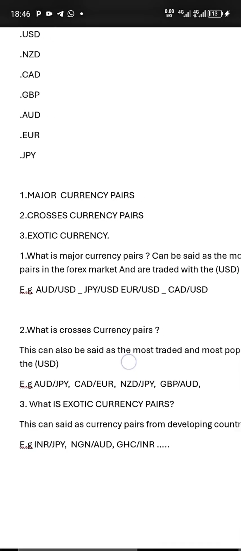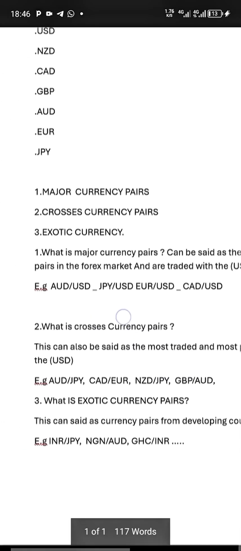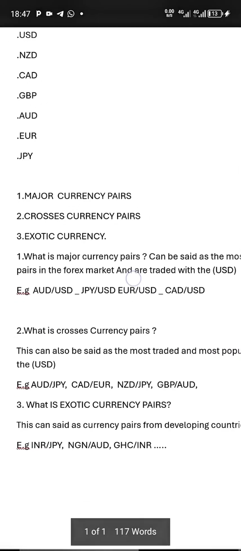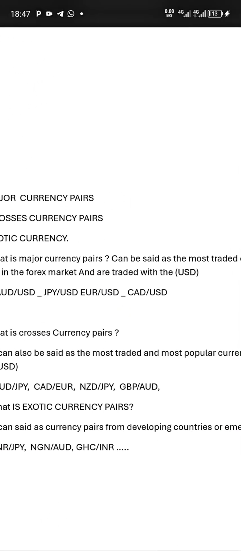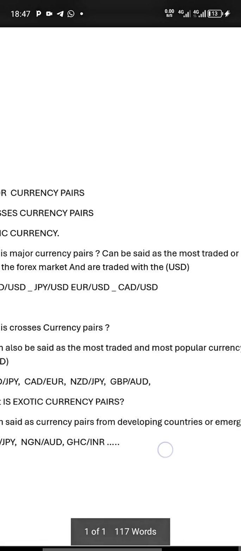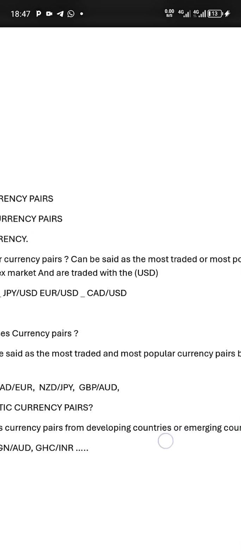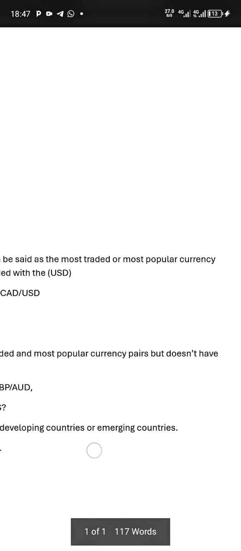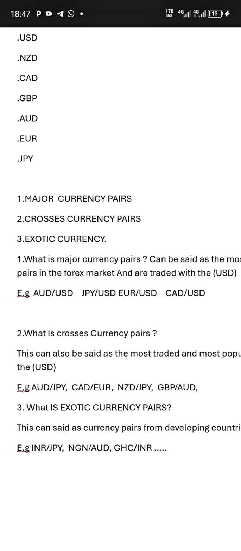So now, number 1, what are major currency pairs? Major currency pairs can be said to be the most traded or most popular currency pairs in the forex market, and they are traded with the United States dollar. What this is trying to say is that they are the most traded and most popular currency pairs in the forex market.